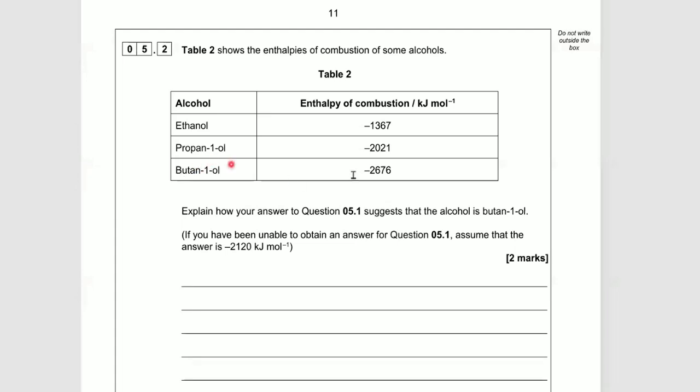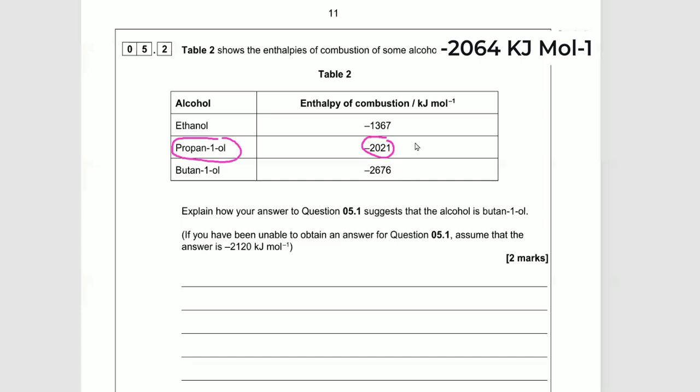Okay, we actually got an answer. The correct answer from 5.1 was minus 2,064 kilojoules per mole. And at first glance, you'd look at propan-1-ol and go, if I had to choose which alcohol this is, well, propan-1-ol's result was minus 2021. Surely that's closer, and surely that means that the alcohol that we just burnt is probably propan-1-ol, right?